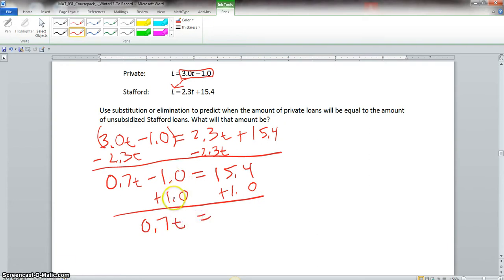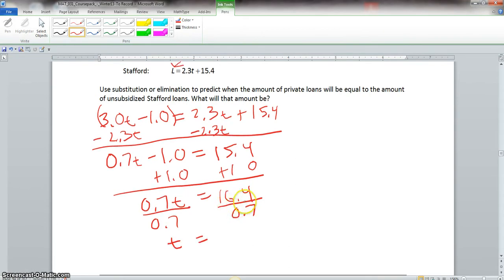And we know negative 1.0 plus 1.0 is 0 is equal to 15.4 plus 1.0 is 16.4. Now we need to get T by itself. We will divide each side by 0.7. And we will have T is equal to, so here after we take 16.4 divided by 0.7, that is going to be approximately 23 years.